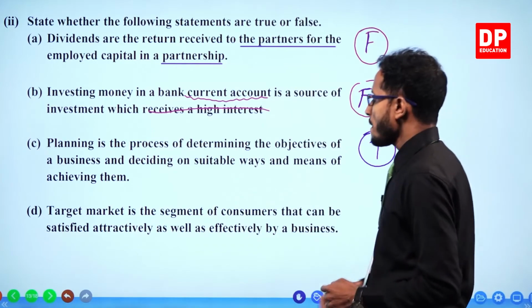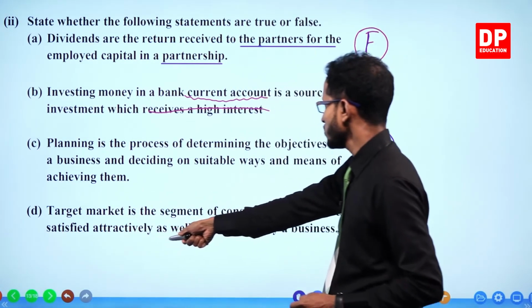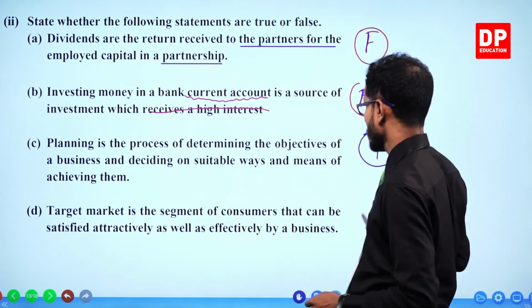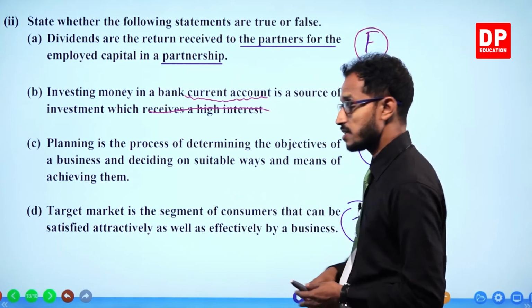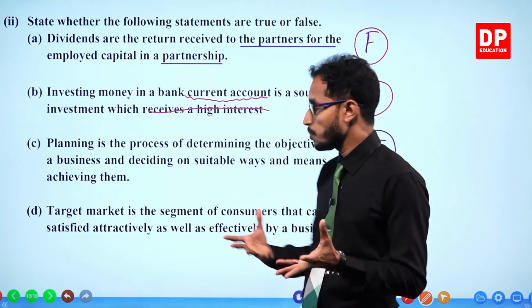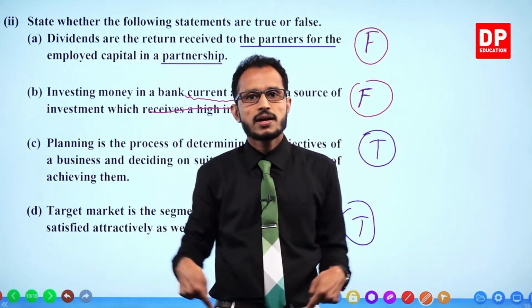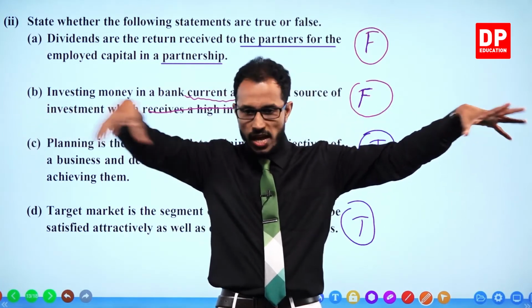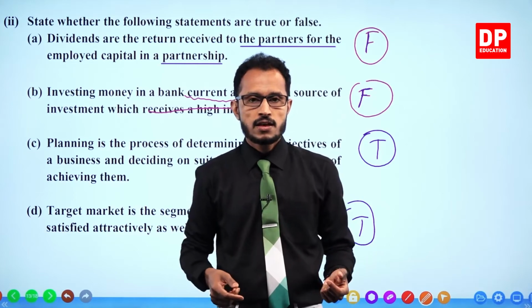Target market is the segment of consumers that can be satisfied attractively as well as effectively by a business. That is true. Target market is the segment of consumers in the entire society that you can satisfy with your products, who you can sell your products to.